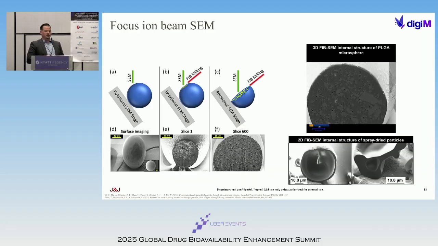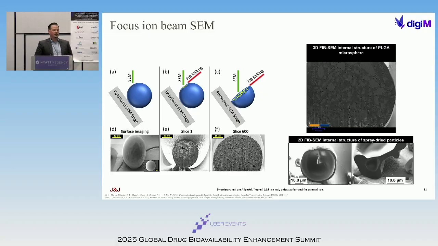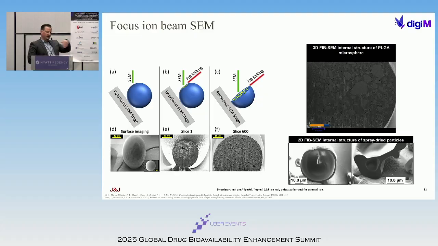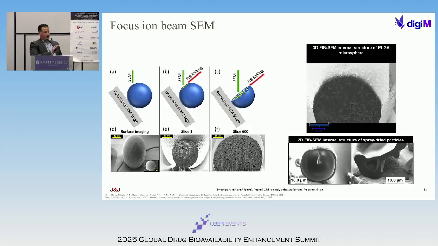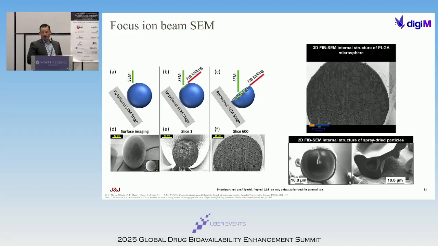One major technique that can be very useful here that gives us some insight into internal microstructure is a technique called focused ion beam scanning electron microscopy. Essentially what we're doing here is we're using an ion beam to very delicately cut cross-sections of, in this case, a particle. Then we can do standard surface SEM, and at really high magnifications, we can actually look at internal microstructure.